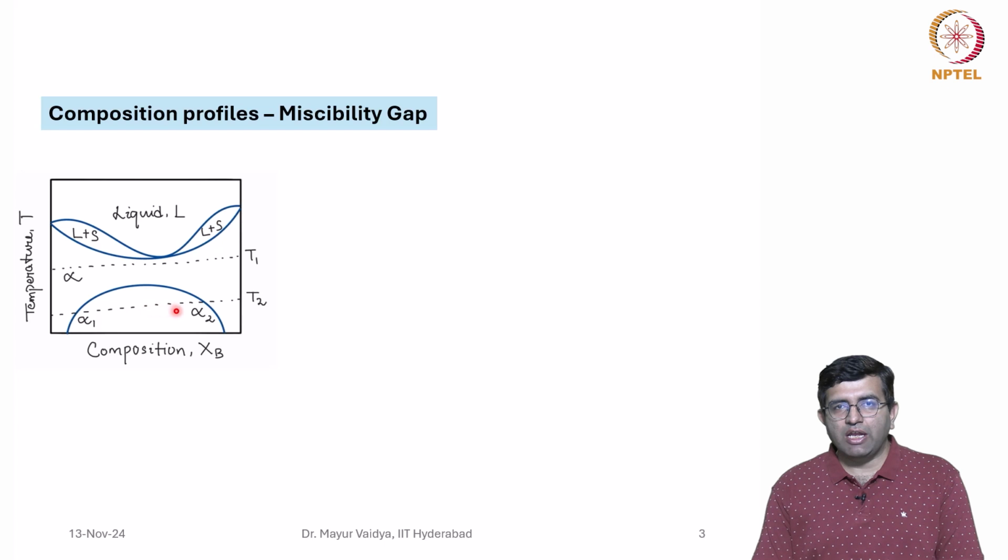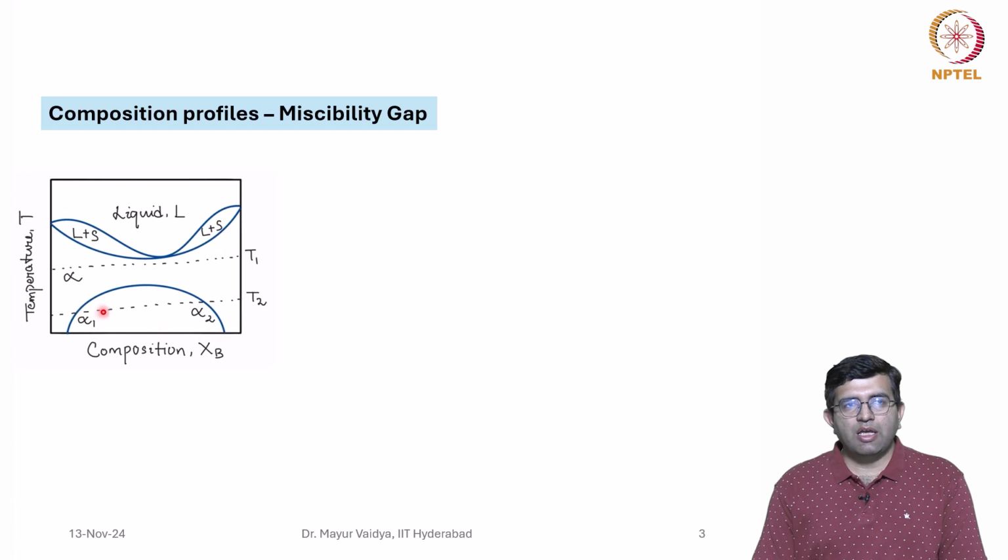Their fractions may vary, but the compositions of alpha 1 and alpha 2 remain the same. So, please remember, if you have a point here and a point here, the 2 points will have different fractions of alpha 1 and alpha 2, but the composition of alpha 1 and alpha 2 in that mixture will remain the same.